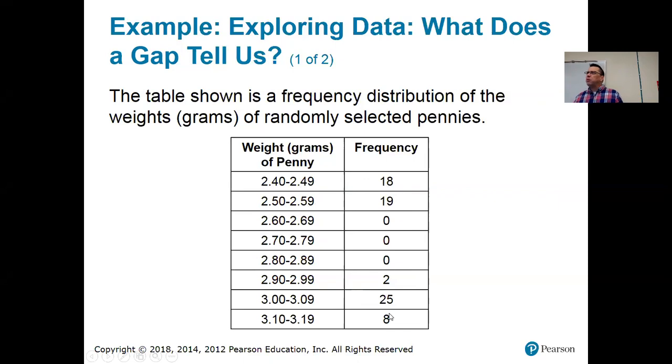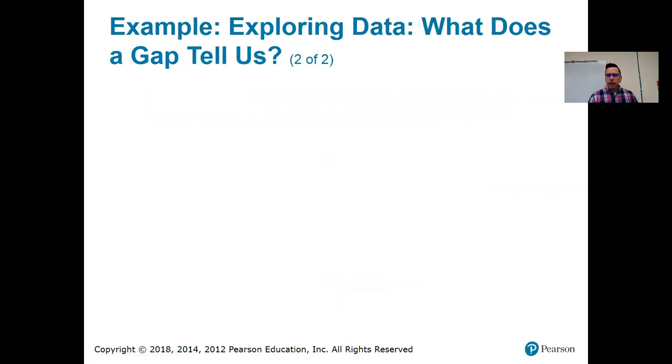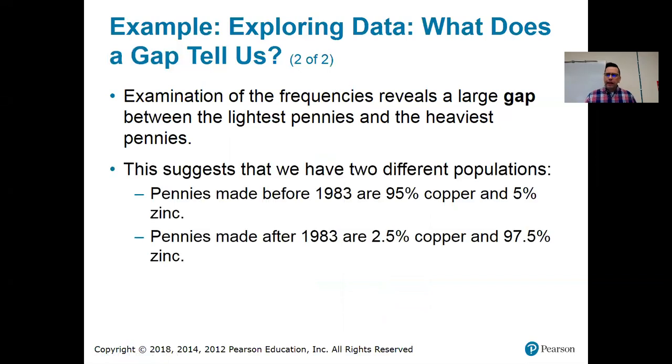So the question is, why would that be? Why would there be a bunch of these lighter pennies and a bunch of these heavier pennies, but really nothing in between? Well, the answer is that in 1983, they changed the way that they started making pennies.